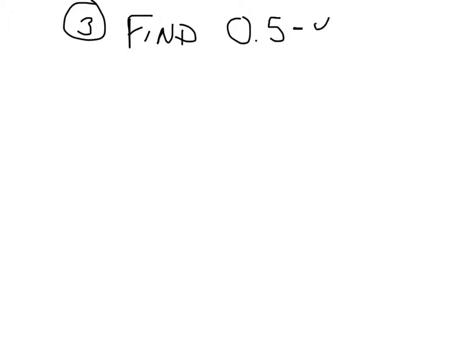Alright, so step 3, we've got to set up our rejection region, so we need to find 0.5 minus alpha.